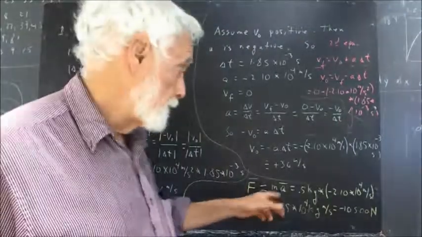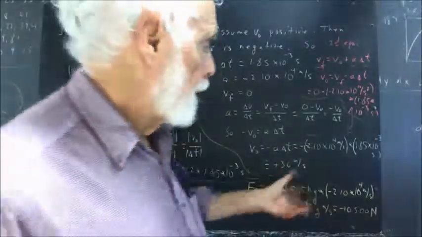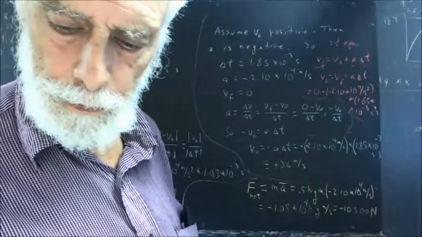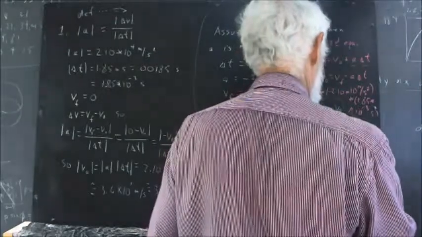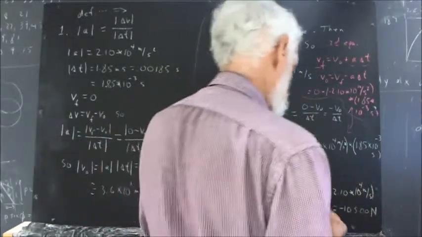Okay, so the average net force is mass times the average acceleration. In this case, then, the average acceleration is the acceleration, negative 2.10 times 10 to the fourth meters per second squared, and oh my goodness, I've been really careless with my units here. There's a second squared here, and there's a second squared down here.